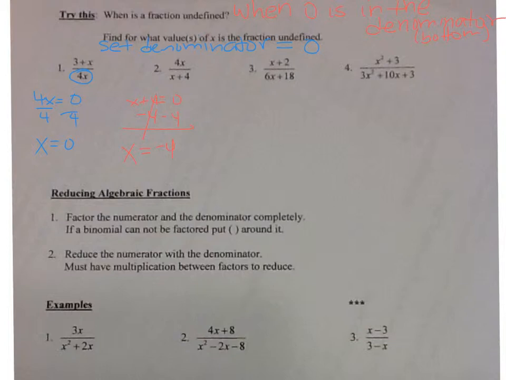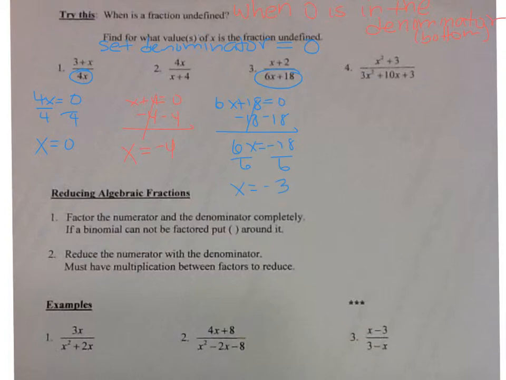For what value of x is the fraction undefined? I'm not sure just by looking at it what number that is. If you do, that's fine. You take the denominator, 6x plus 18, set it equal to 0, minus 18. 6x equals negative 18, divide by 6, x is equal to negative 3.